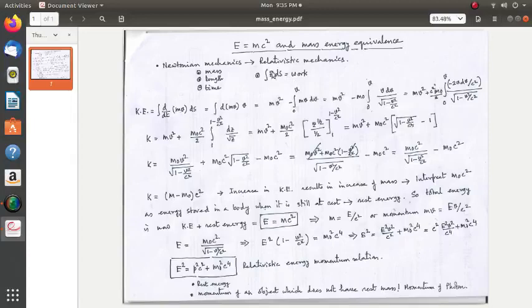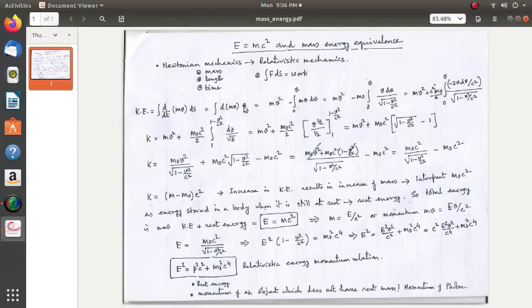So the force is rate of change of momentum, d(mv), ds, that is the work that you do on that object which will appear as its kinetic energy. Then what is the kinetic energy of an object in the relativistic mechanics? So the prescription is that it is rate of change of momentum ds integration.